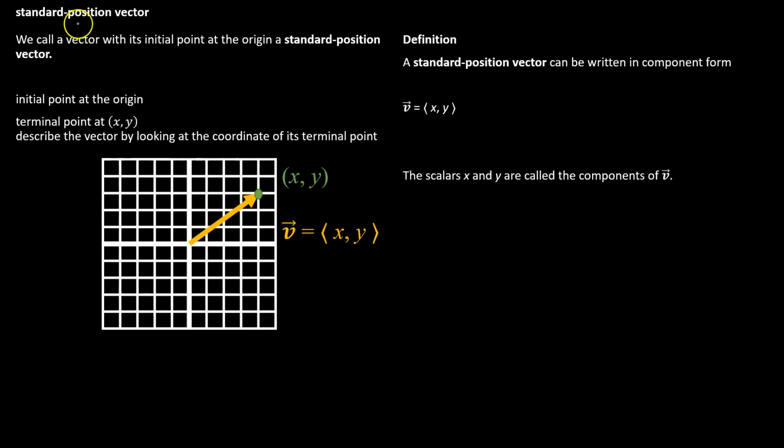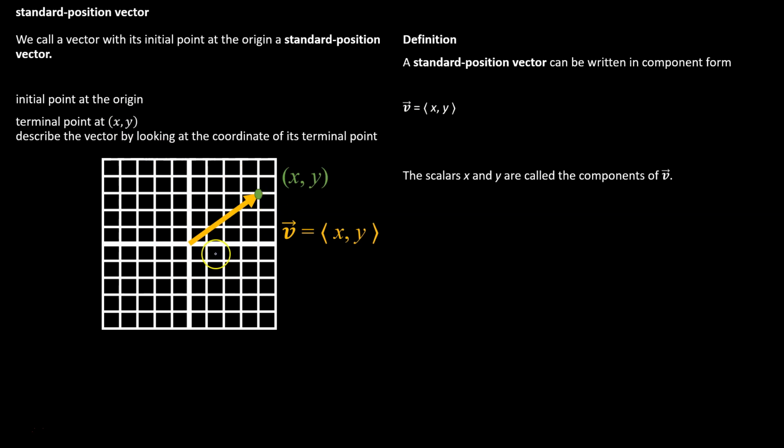Sorry, yeah, that's right. If we do have the initial point at the origin, then guaranteed standard position vector. The terminal point of any position vector is pointing to a point with the coordinates that match the components of a vector. So let's pause for a second.